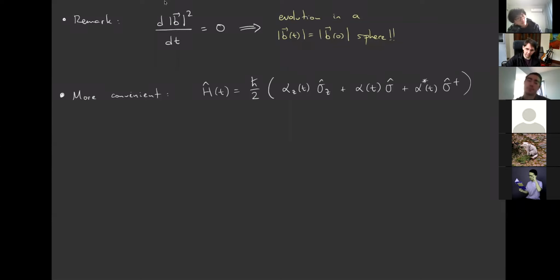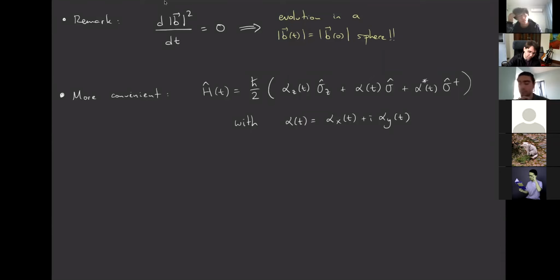In terms of raising and lowering operators, where, of course, this alpha t has a relation with the previous X and Y components of alpha, that is this one here. Okay?